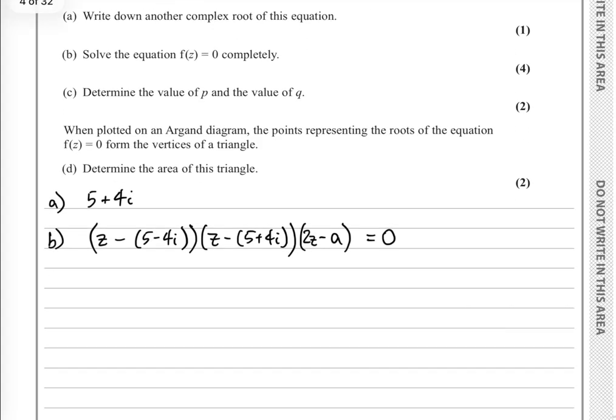To do that, we're going to expand these two brackets that we know. So I've got z times z, and then I've got minus z lots of 5 minus 4i. If I leave these in brackets for now, I might expand them in a moment. And minus z lots of 5 plus 4i. And then plus 5 minus 4i times 5 plus 4i.